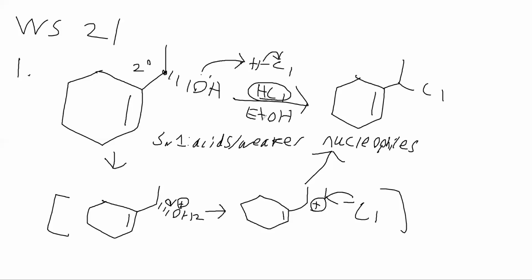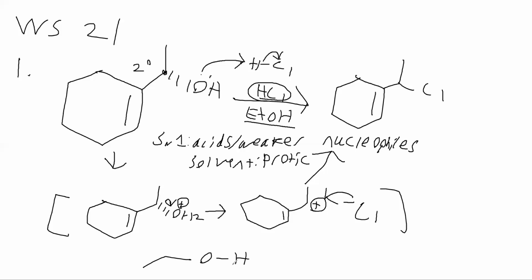And also this solvent here, can anybody tell me if it's polar protic or polar aprotic? It's protic, yeah. So SN1 favors protic solvents, which this is. EtOH is ethanol. And in order for something to be protic, you have to have a hydrogen attached to oxygen, nitrogen, or sulfur, I think it was on his slides. So like here, that's what the solvent is.